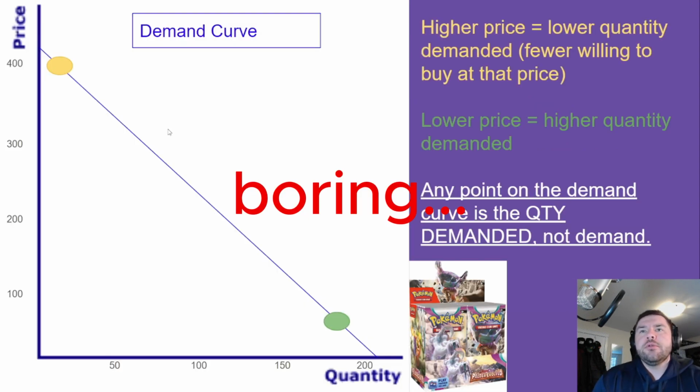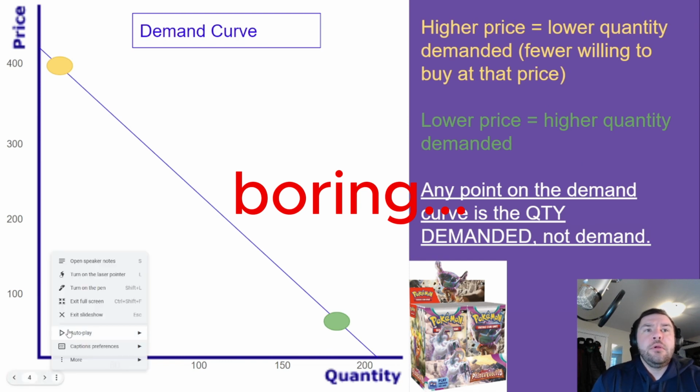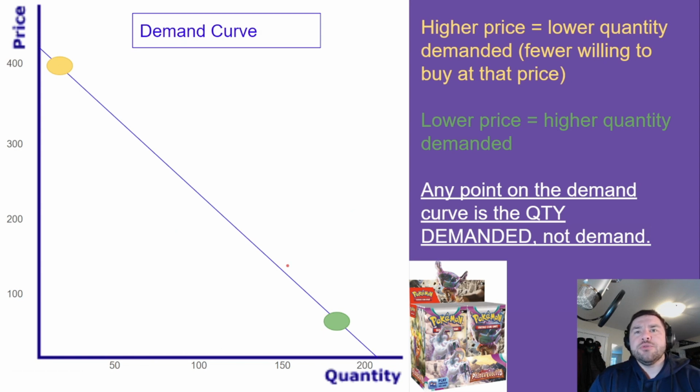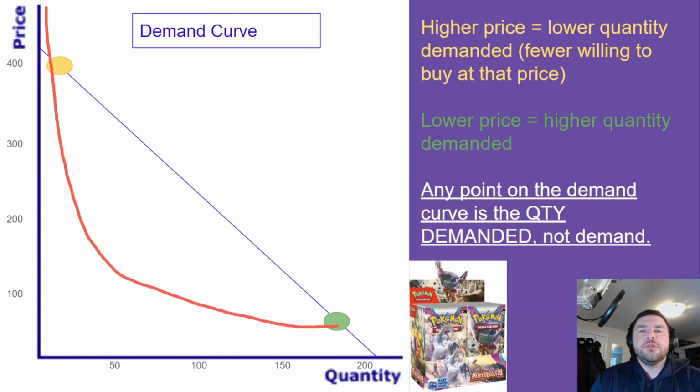So we've got a little graph here. Now, bear with me. This graph is super simple, a straight line. Your actual demand curve is going to look something like this, I would imagine, for this product. But we're going to use a straight line for now. So we'll turn that off.